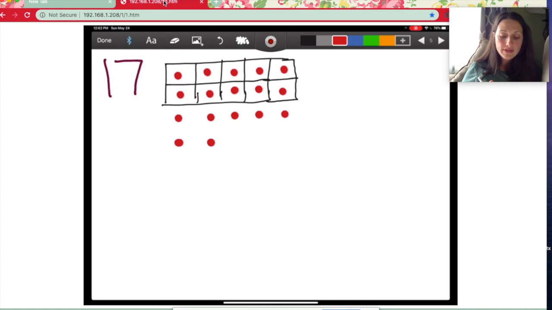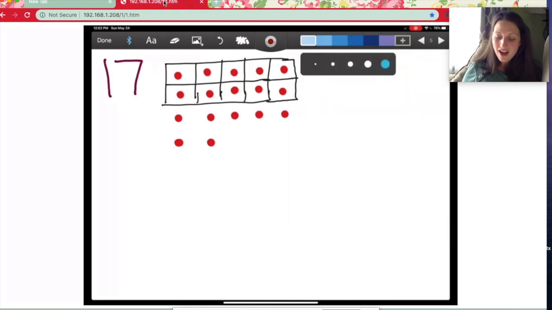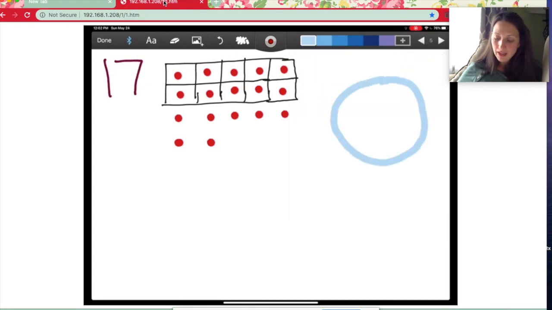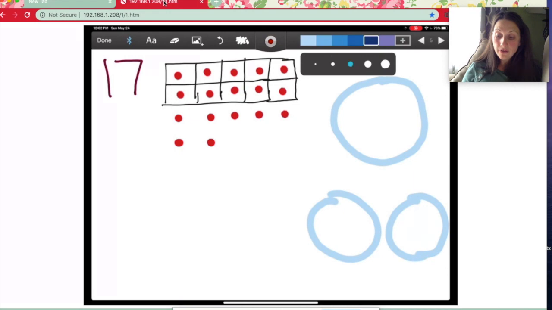Okay, so I have 17 counters. Now it's time to make our number bond. You need one big circle at the top and 2 smaller circles at the bottom. Make sure your circles are big enough so that you have room to draw the numbers. All right, great.